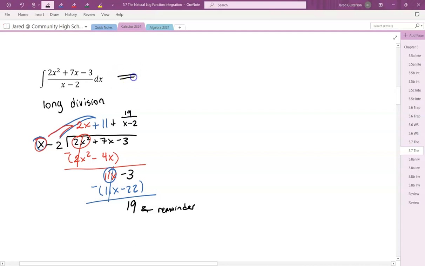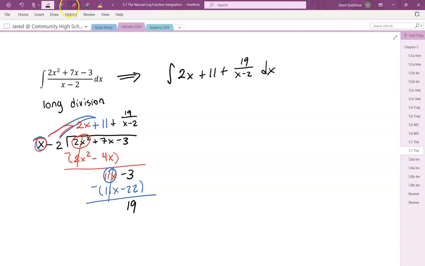So we can actually rewrite this integral as the integral of 2x plus 11 plus 19 over x minus 2 dx. Now it looks like there's more to do, but we know how to integrate all of these parts. So that's nice. How do we integrate 2x dx? That's x squared.